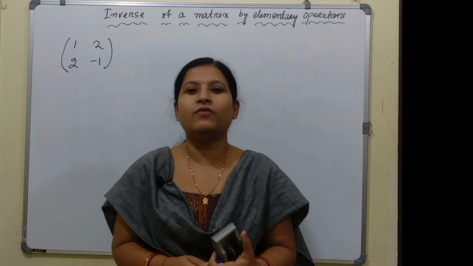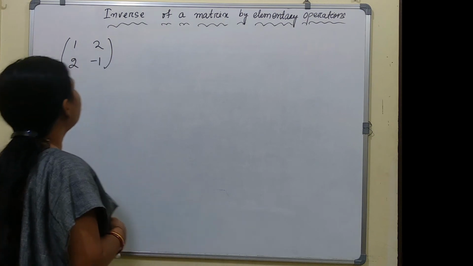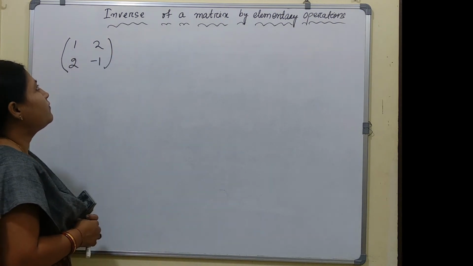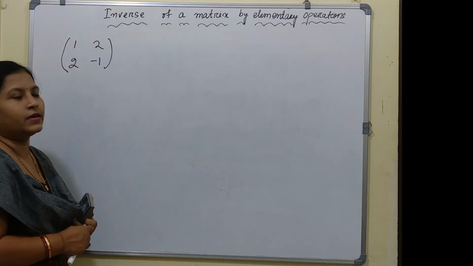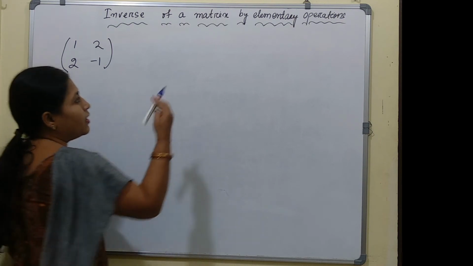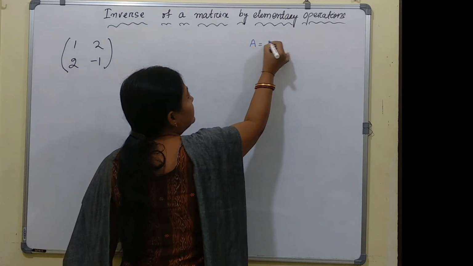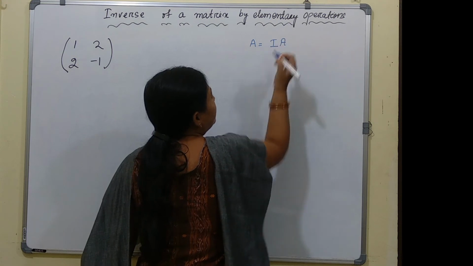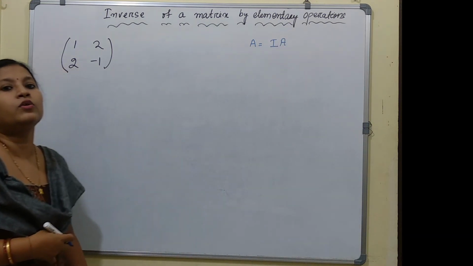Let us take one example. This is a matrix of order 2, and we will find the inverse of this matrix. First of all, we write the format A equals IA, because here we will use the elementary row operation.